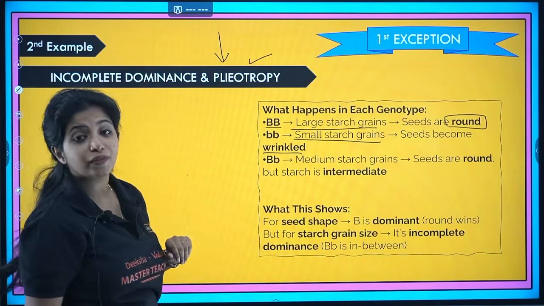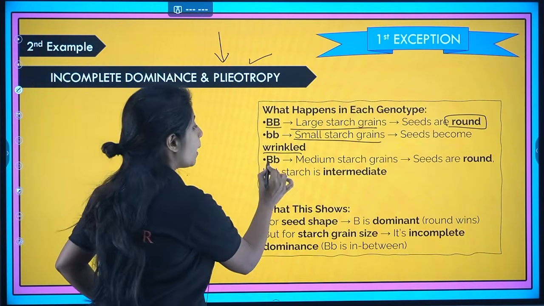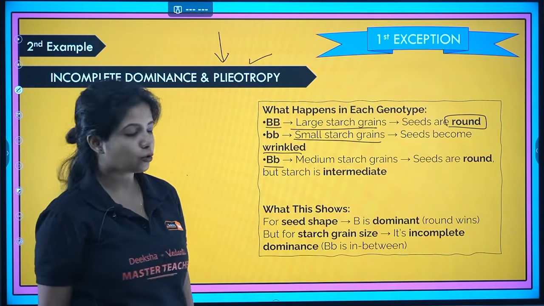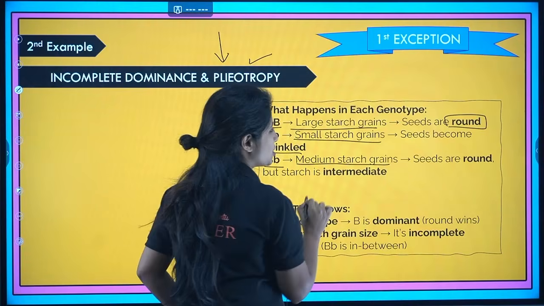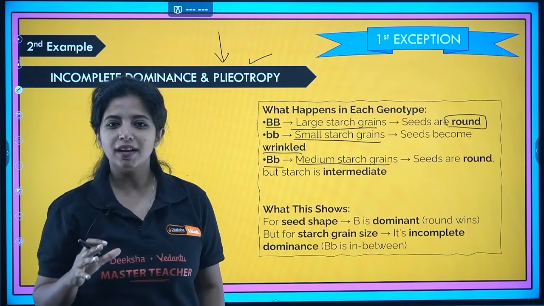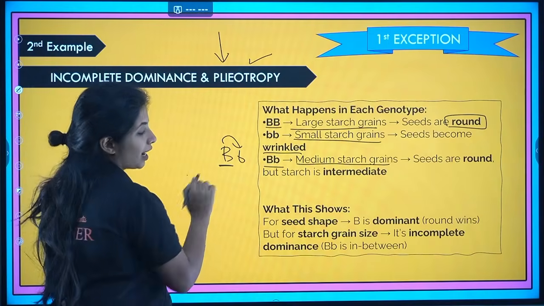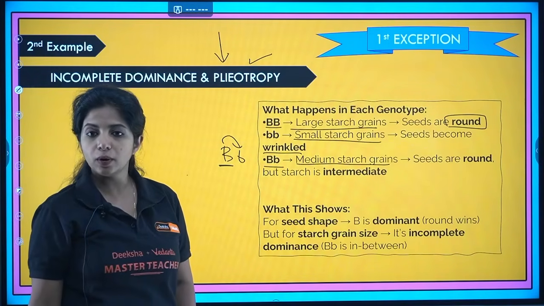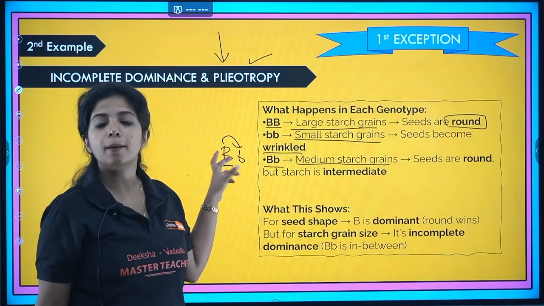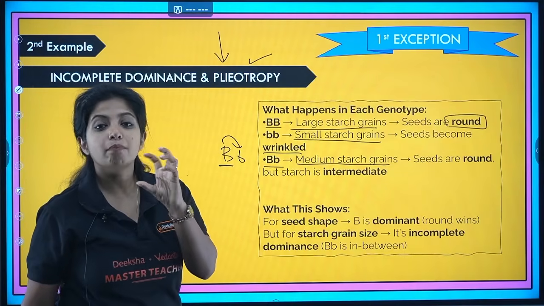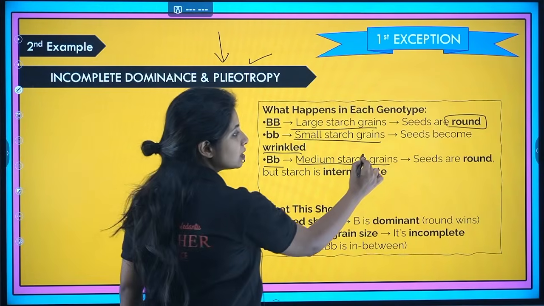Now, why is it an example of incomplete dominance? Let's see that. Capital B, small b, when both of them come together, will give rise to medium starch grains. So we had large, we had small. When capital B, small b came together, we expected the large character to be shown because capital B is the dominant one, right? But over here, they are showing incomplete dominance, which is why you see the medium-sized one. Medium-sized starch grain.